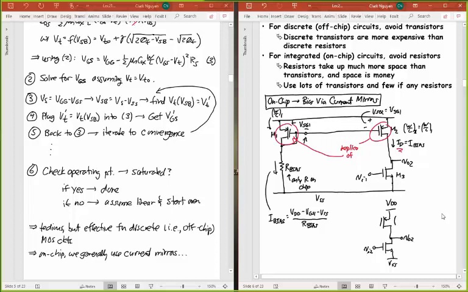This device also has to have a W over L equal to the W over L of device 1 or 2. They're the same. And then I'm just going to take this voltage here and attach it to that. And when I do that now, this current will also be equal to I bias.